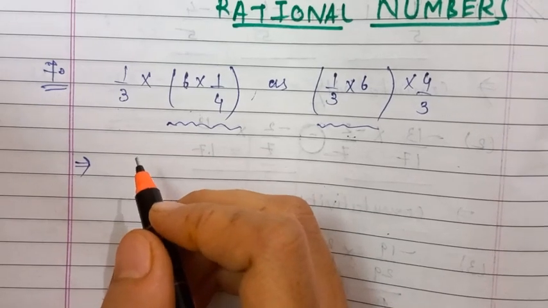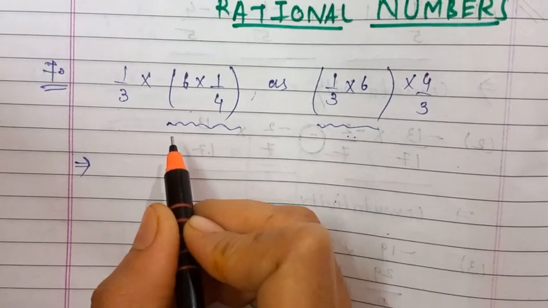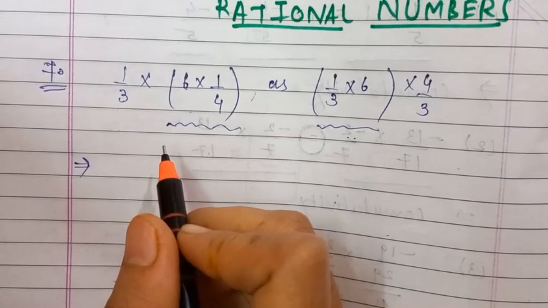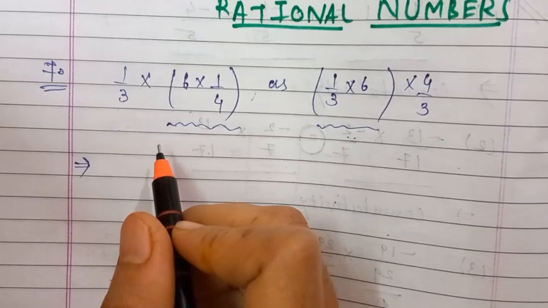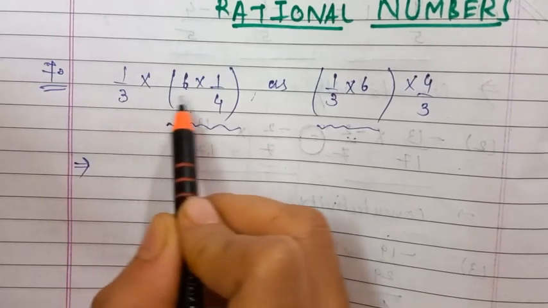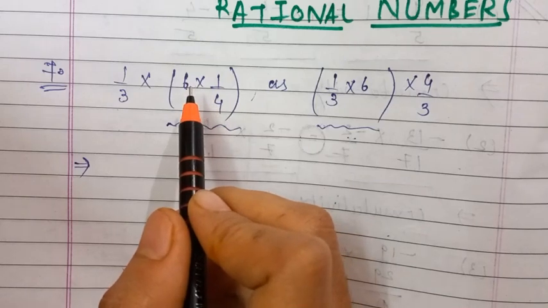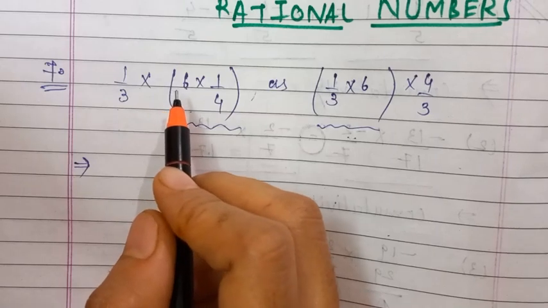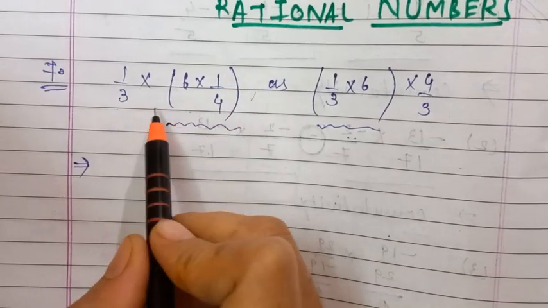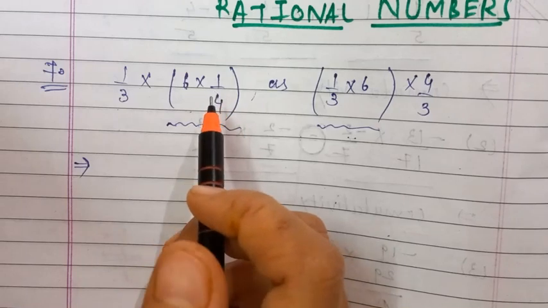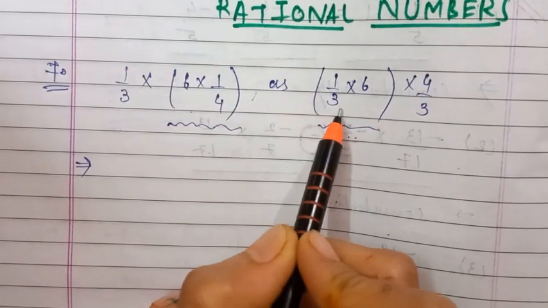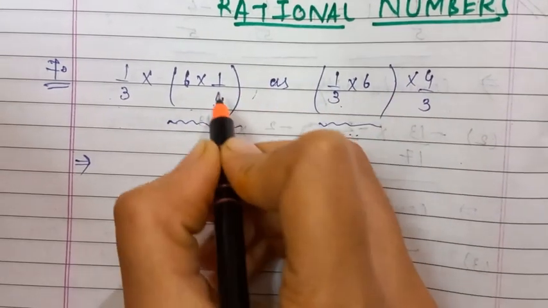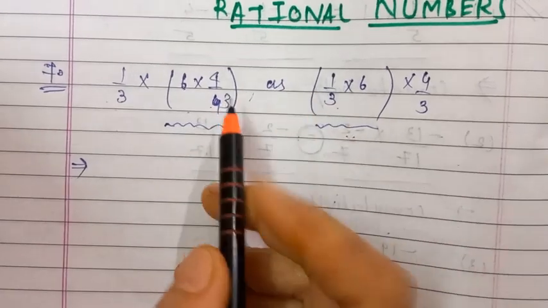I said that whenever you see groups, remember one term: associativity. Associativity means making groups. If we have 3 numbers and we make different groups without changing the order of the numbers, then we will get the same answer. Here we do not change the order of numbers: first 1 by 3, second 6, third 4 by 3.